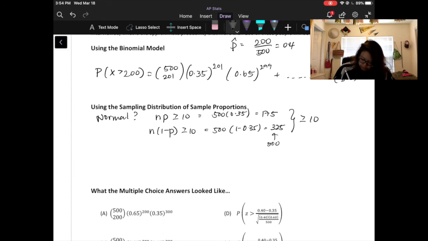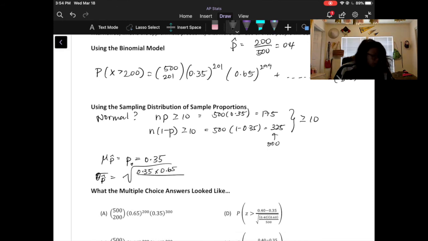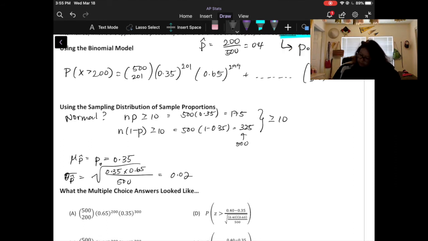Next, we know that mu of p hat is equal to p, which is 0.35, and sigma of p hat is equal to the square root of 0.35 times 0.65 divided by 500, and this is 0.02. Okay, so how do I do this?